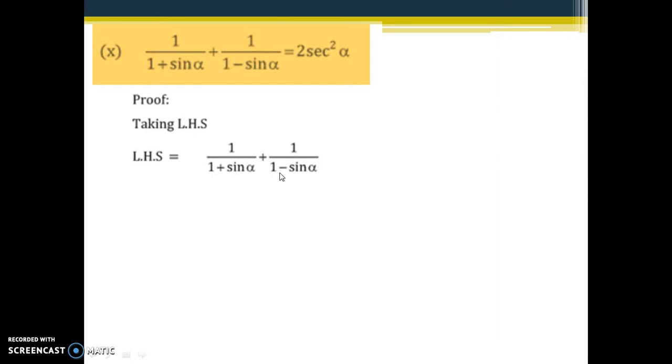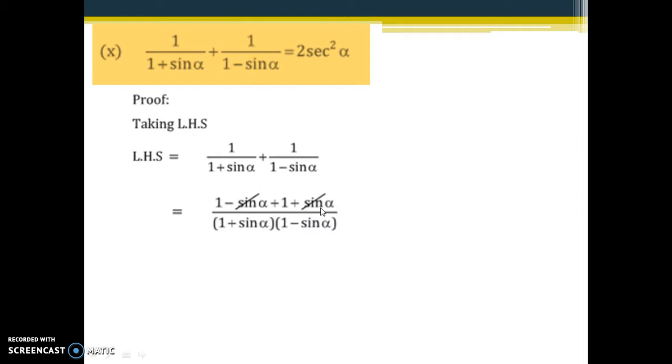So what I'll do, since they are basic fractions, I will try to take their LCM. I can take their LCM by cross multiplying them. So I will cross multiply the denominators on both sides, and when I cross multiply them, I will get 1 minus sine alpha plus 1 plus sine alpha upon 1 plus sine alpha multiplied by 1 minus sine alpha.